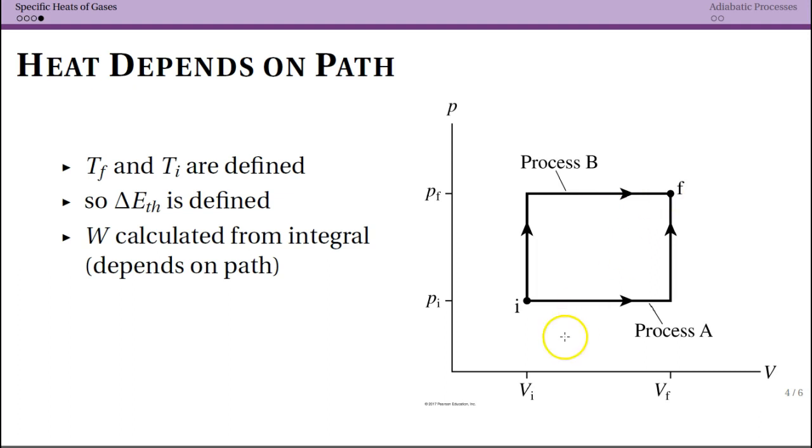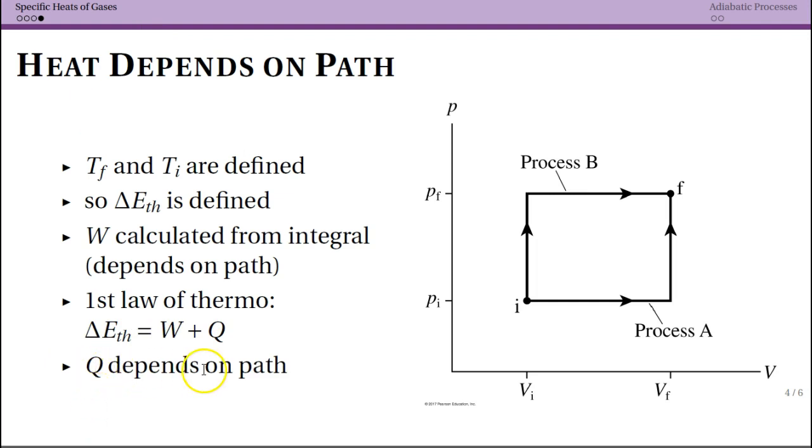So we know that the work done to go from I to F is going to be different if you've done A versus process B. And from the first law of thermodynamics, we know that the change in thermal energy is equal to work plus heat. So, of course, Q, our heat, must depend on path. Because if it didn't, there is no way that the thermal energy could be the same between I and F, and we could have different work done on these paths.